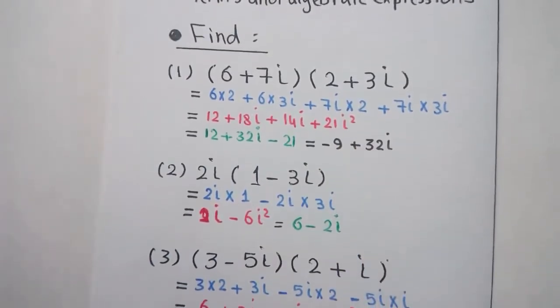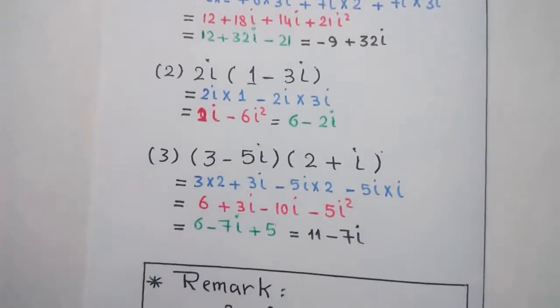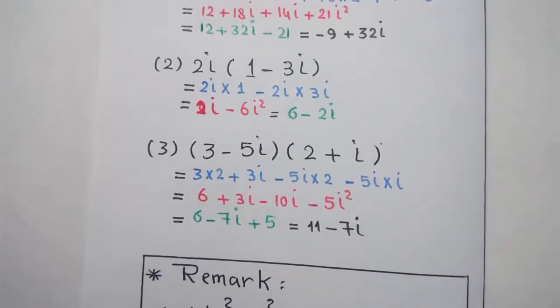Another example. 2i times (1 minus 3i). 2i times 1, 2i times negative 3i. 2i times 1 is 2i, negative 2i times 3i is negative 6i power 2.